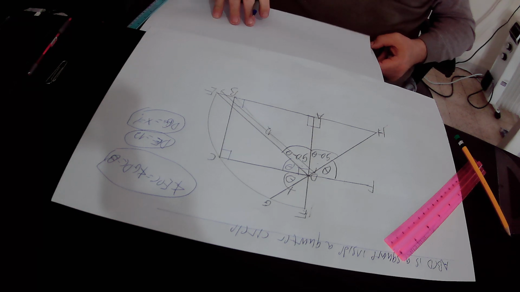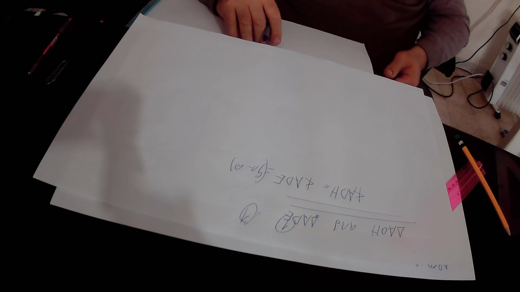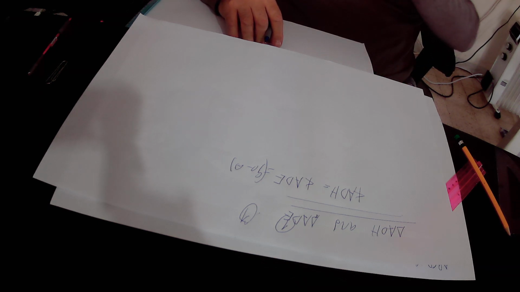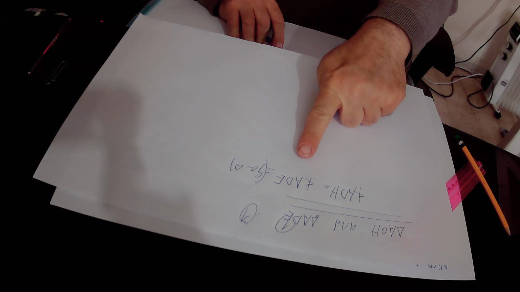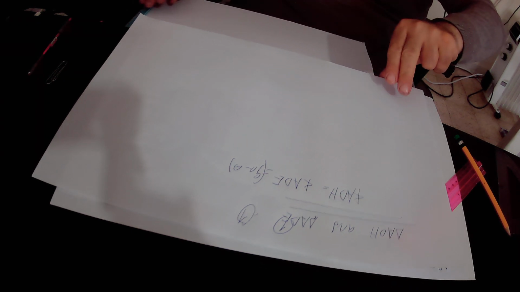Repeat again. Angle ADH in the right triangle ADH equals angle ADE in the right triangle ADE. They are both equal to 90 degrees minus theta, therefore they are equal to each other.